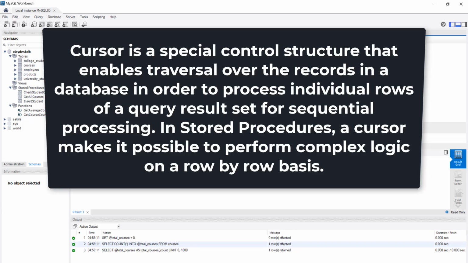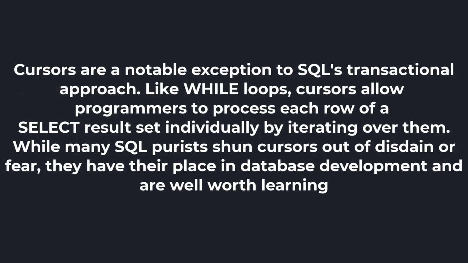A cursor in MySQL is also a database object, right? And it retrieves and manipulates a result row by row. So we know that SQL is a declarative programming language as opposed to Java or C#, which are iterative in nature.